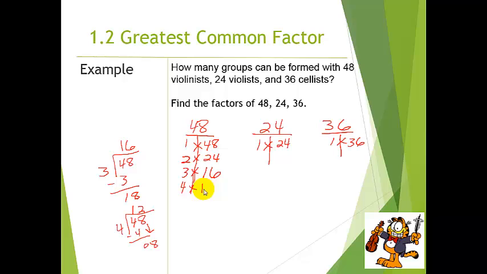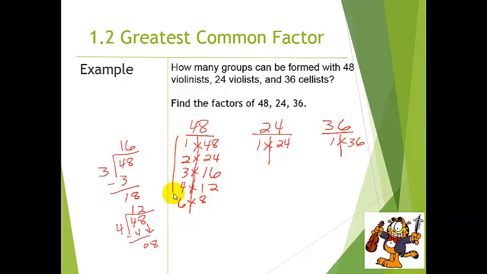4 times 12. And then I know 5 doesn't go into it because it doesn't end in 0 or 5. 6, let's see if 6 goes into that. 6 times 8. So it does go in there. If you went to 7, that doesn't work, and then you get to 8, so that's a repeat.